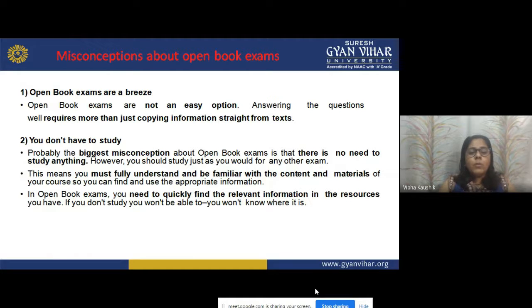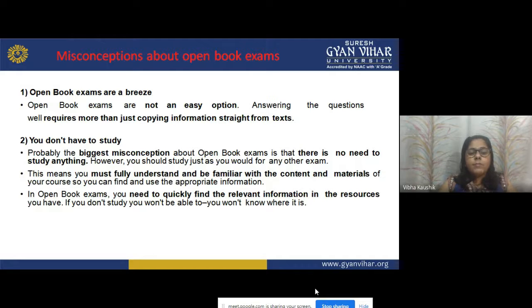This means you must fully understand and be familiar with the content, means the subject and material of your courses, so that you can find and use the appropriate information. There is so much information available in the textbooks, in the reference books, and the handouts given by the course instructor or the teacher. You must fully understand and be familiar with the content. It is possible only when you go through the content, when you have studied that content.